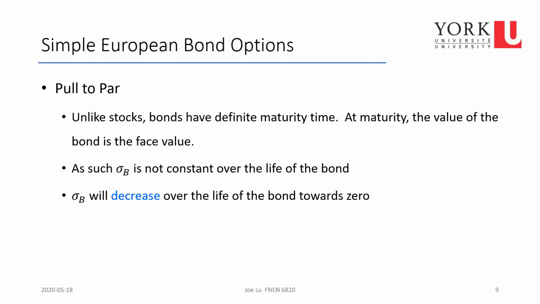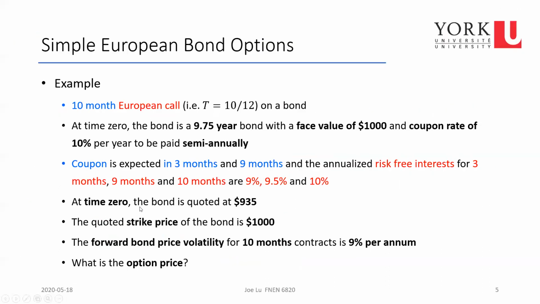So in other words, what's appropriate is to use this simple approach to value a European bond option on a bond that is far away from its maturity date. So in the example that we had earlier, we're looking at a very short term, like a 10-month call on a bond with very long maturity date from today.